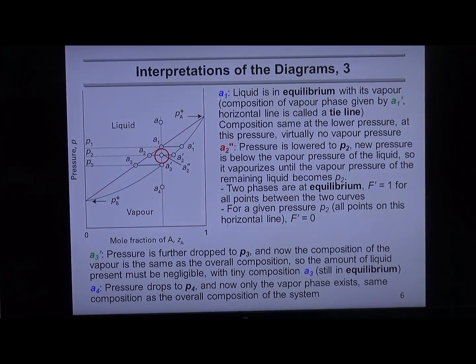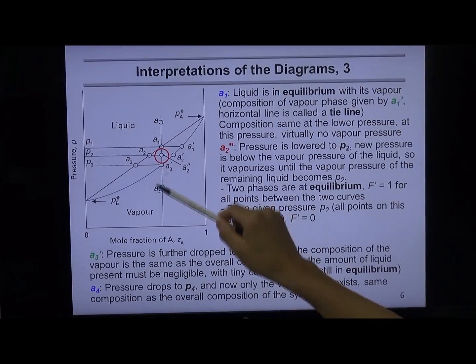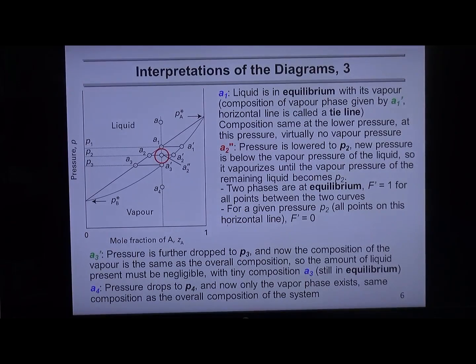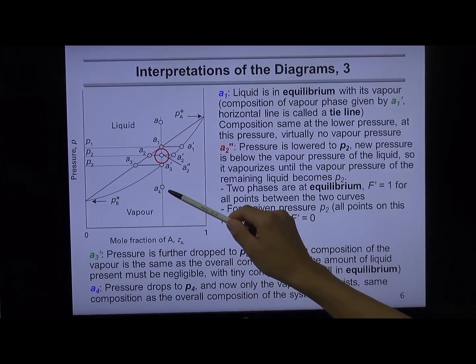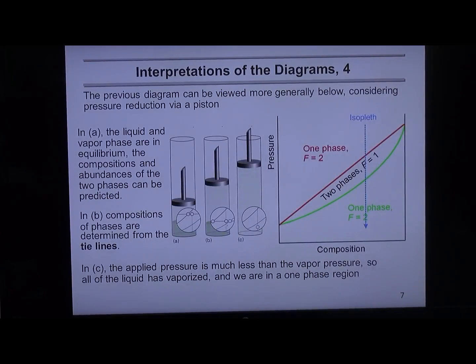Now, pretty much all the liquid is evaporated, right? And right after A3 prime, everything is vapor. So at A4, everything is vapor, and the composition of the vapor YA is equal to ZA here. You can interpret the simple pressure change on this pressure composition diagram.